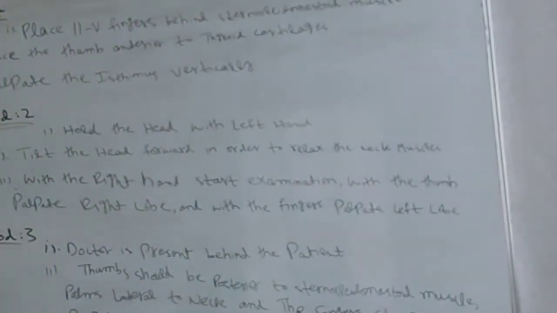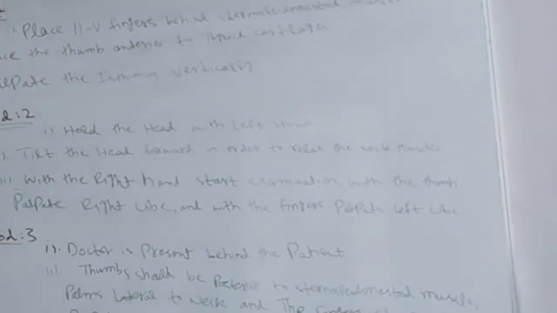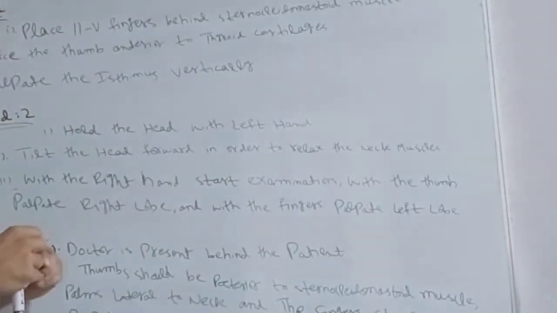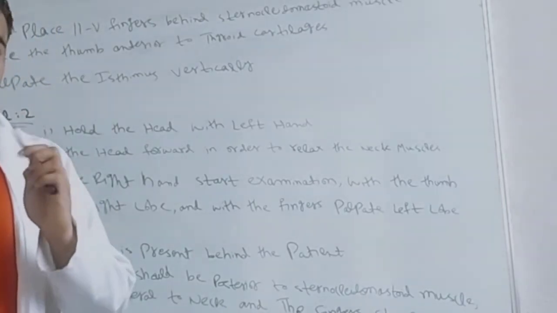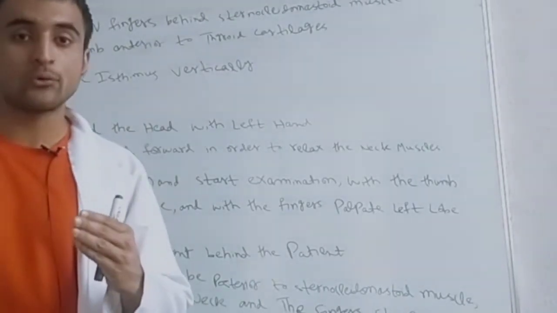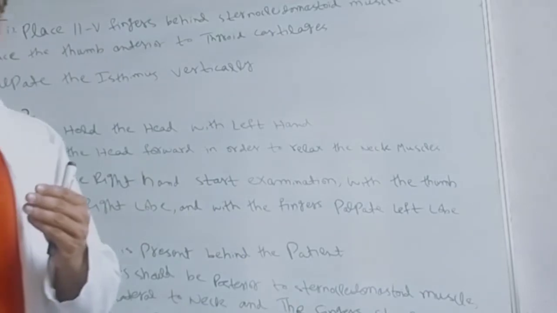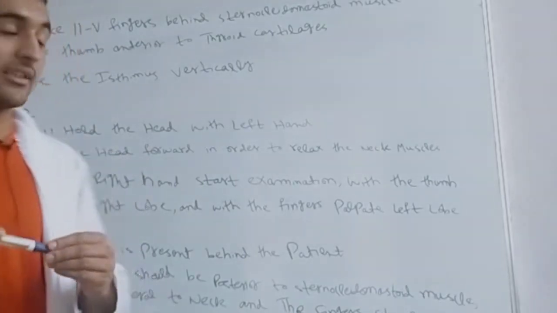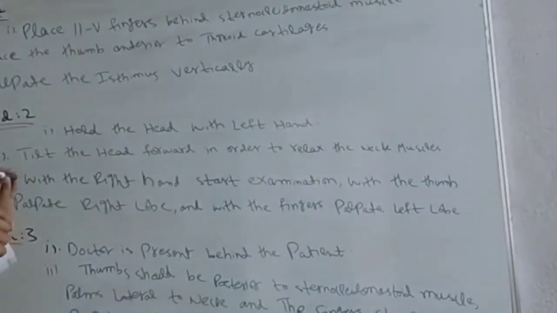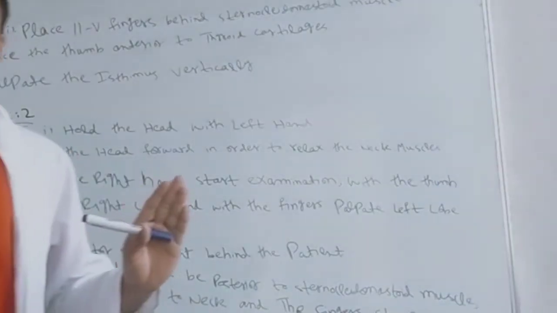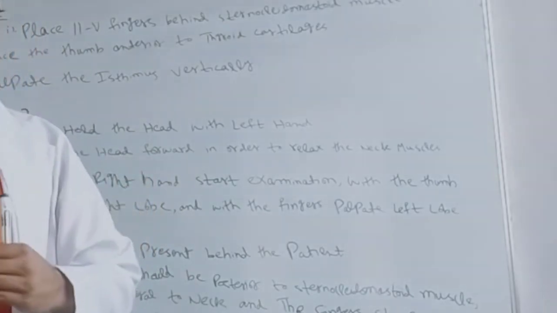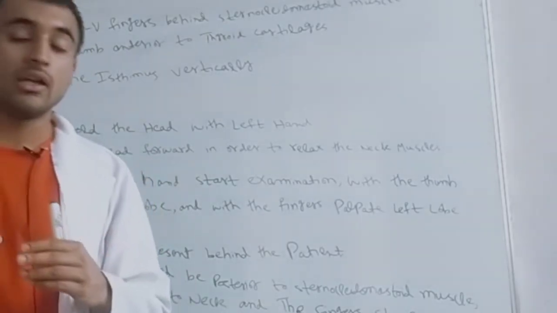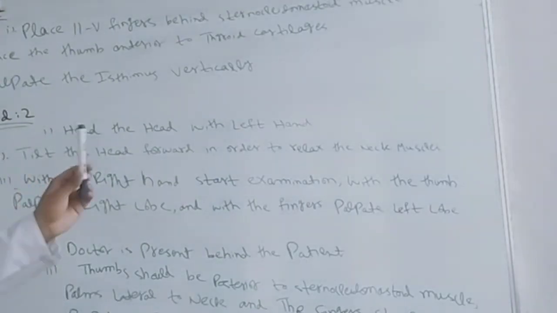Now the method number 2. First of all, we hold the head with the left hand. We tilt the head slightly forward in order to relax the neck muscles, making the palpation of the thyroid gland easier. Then we start the examination with the right hand.